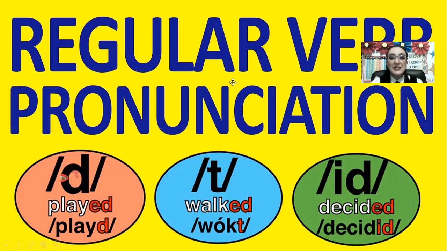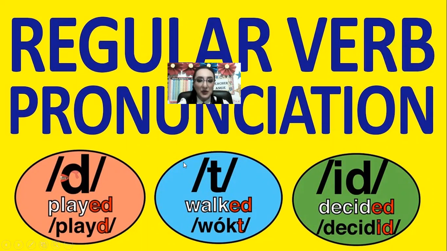So we were saying that regular verbs are going to be having three sounds, d, t, and id. And the situation during our last class was trying to figure out with which letters we are going to be having these sounds.